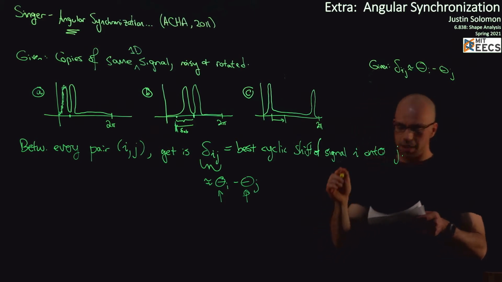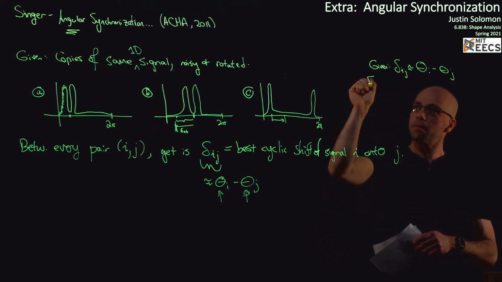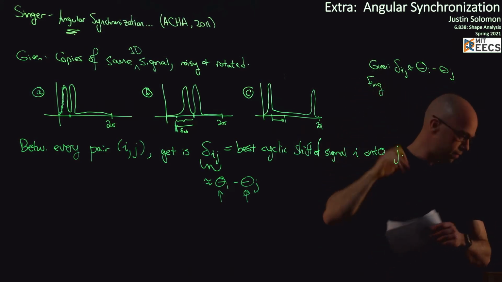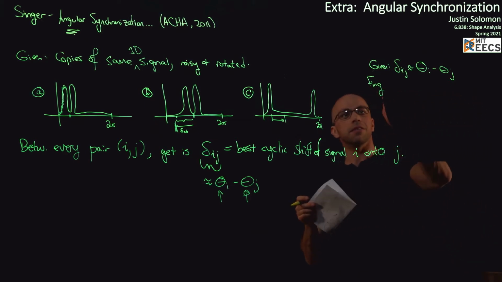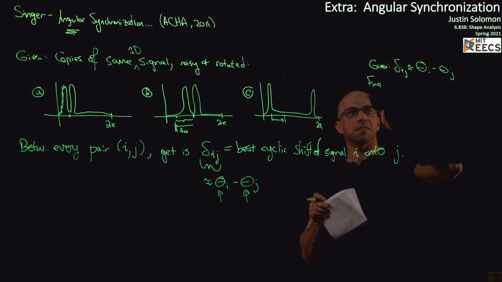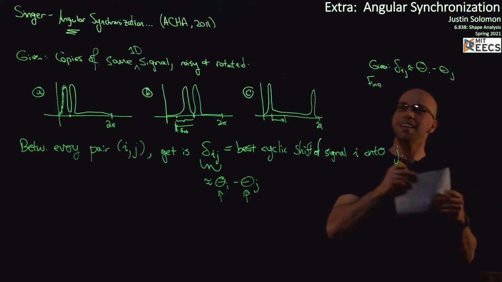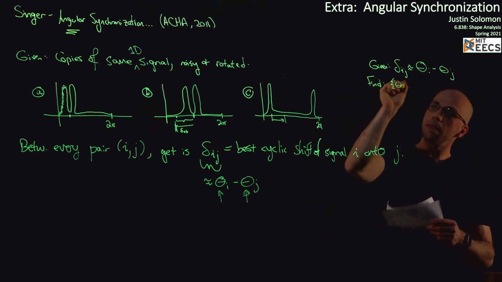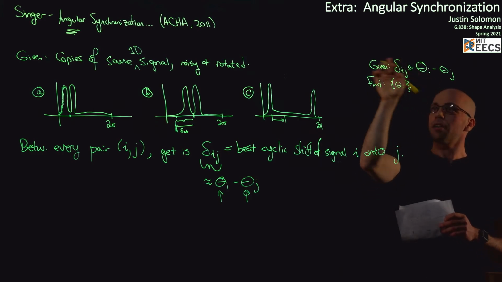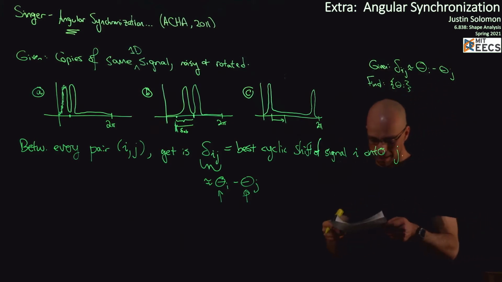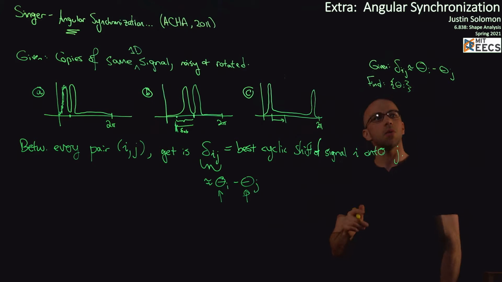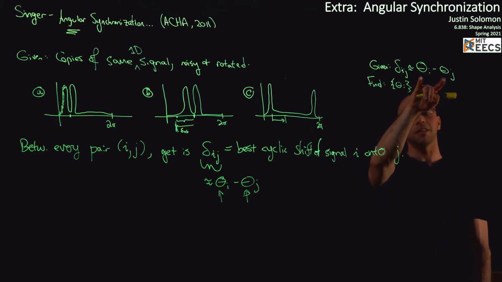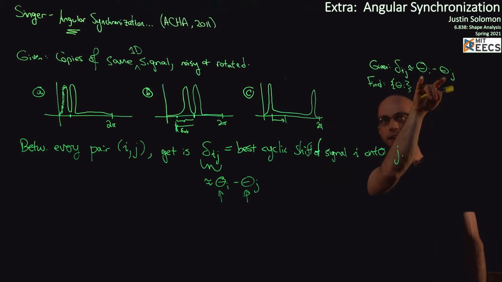And what we want to find, spelled with a D, fun fact, is a set of theta i's that are consistent with these deltas here. Now here's one problem. We only ever observe the differences between the theta i's.